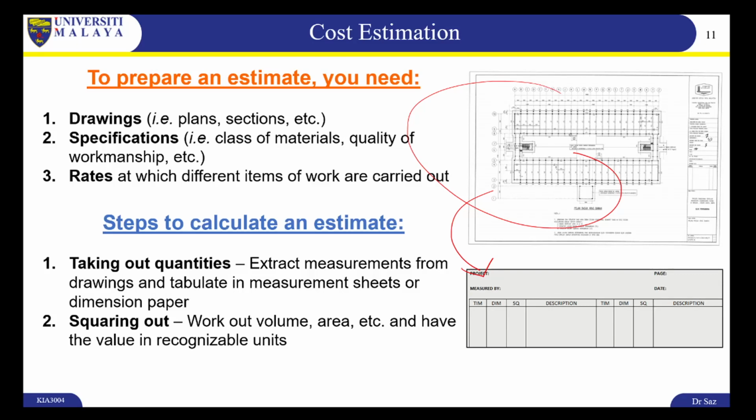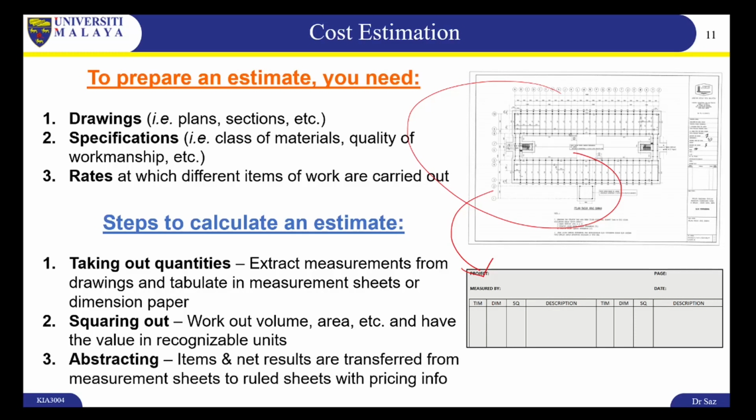Once we extract these measurements, we work out the volume and area or any other unit and have the value in recognizable units. This is usually in square meters or cubic meters, for example. And we abstract them, which means we take the volume and area and we multiply them with their prices.